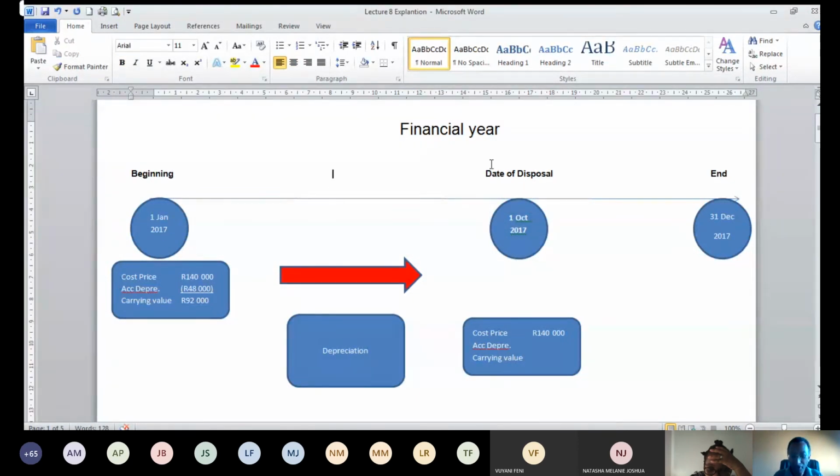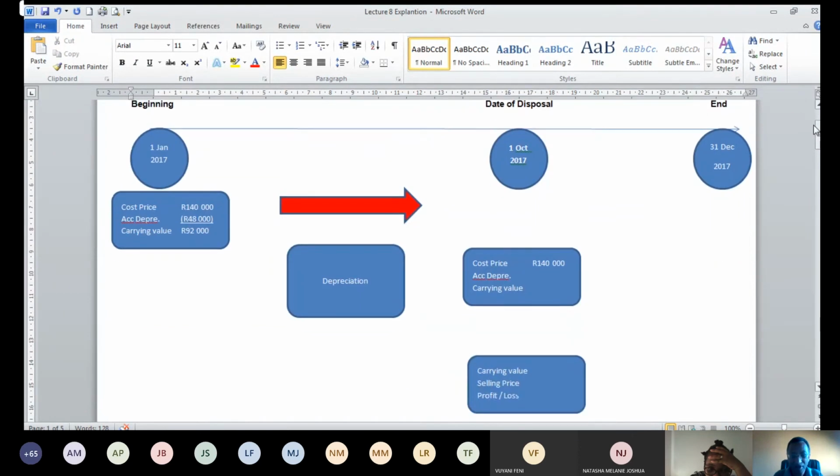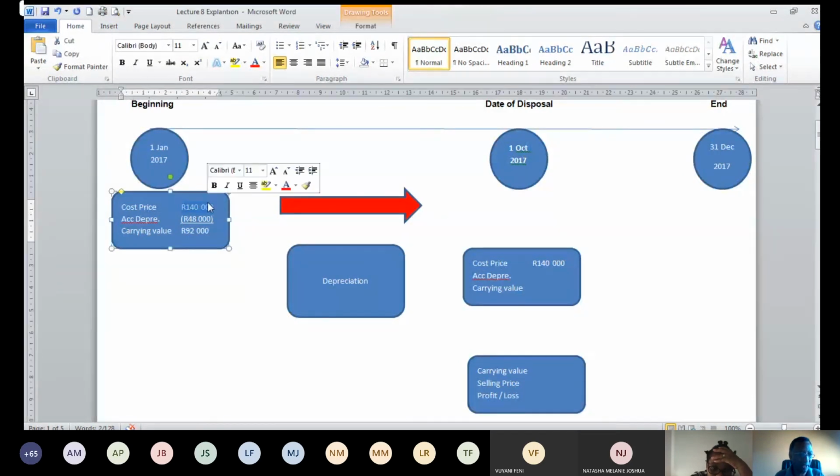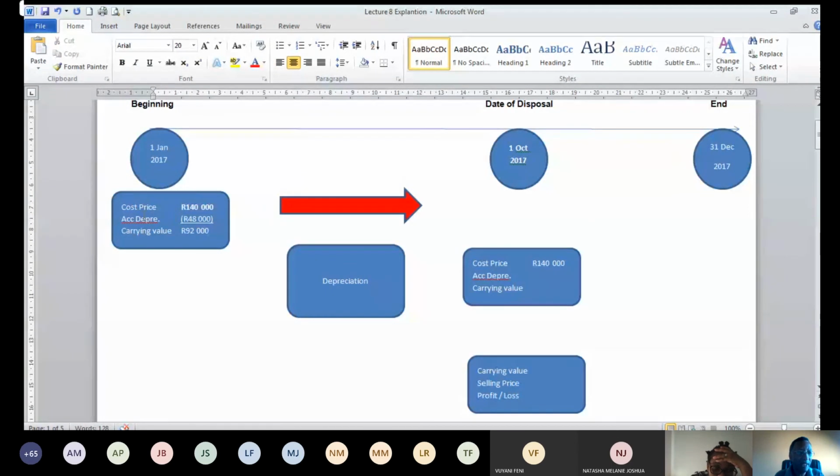So let us focus now on the asset that we are selling. From your information under number 3, they tell you that the vehicle that we are selling had a cost price of 140,000 Rand. And there was accumulated depreciation on the 1st of January, the first day of the financial year, of 48,000 Rand.